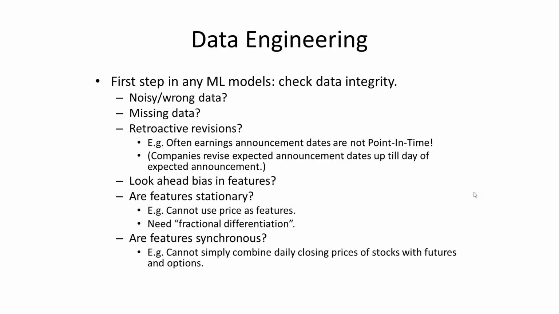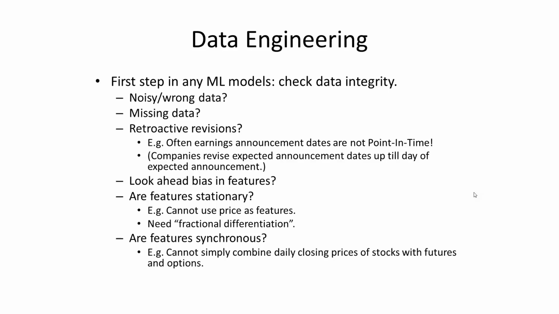Another oftentimes overlooked problem is look-ahead bias in the features that actually incorporate future information. And then there are features that are not stationary. For example, I have seen people who had features that contain price as features. It's quite shocking, because how can you use price as a feature?